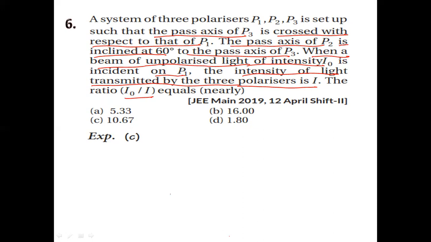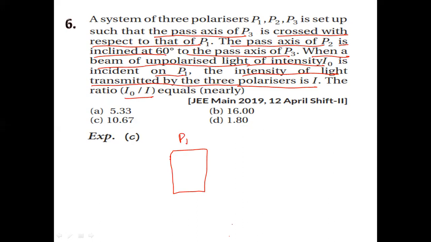I0 by I. So, firstly, I will consider a polarizer P1. The pass axis of P3 is crossed with respect to that of P1.